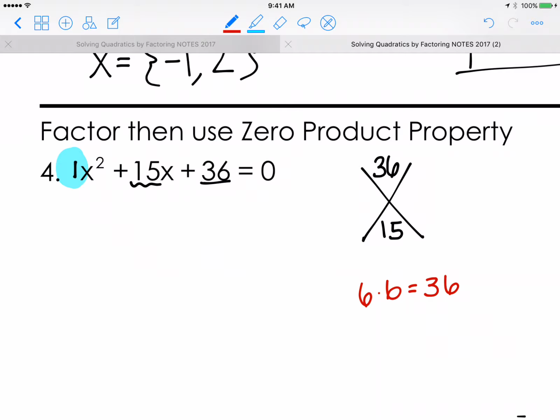No, they don't. What about 9 and 4? That gives me 36, but those add to give you 13, not 15. What else? And then I get 12 and 3. 12 plus 3 is going to give me 15. So you have 12 and 3.